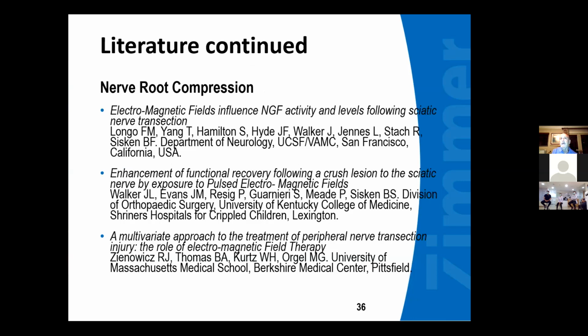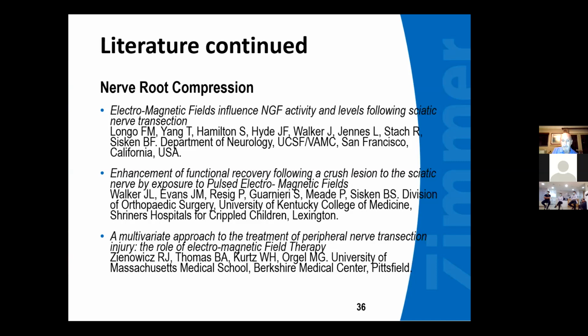And of course, neurology. Nerve root compression. No, it's not going to heal a severed nerve, but with compressed nerves, nerve root compressions, cervical, lumbar, spine, we can help to stimulate action potential firing with the amount of energy supplied with this therapy.